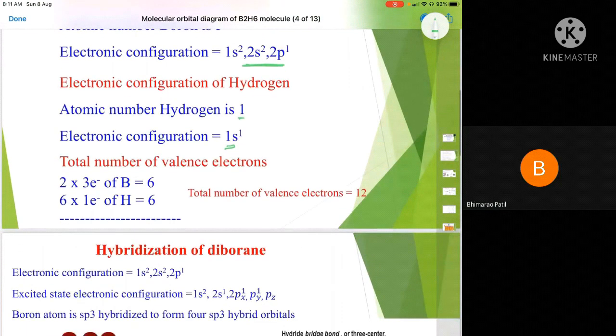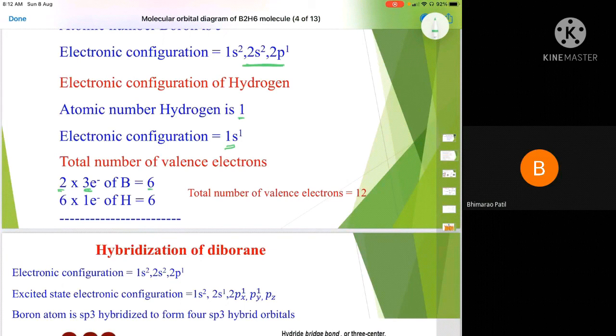Then if you want to calculate the total number of valence electrons present in diborane, you know that in diborane, 2 boron atoms are present. Each boron has 3 valence electrons, therefore 3 into 2, because 2 boron atoms are present, that is equal to 6 electrons from the boron.